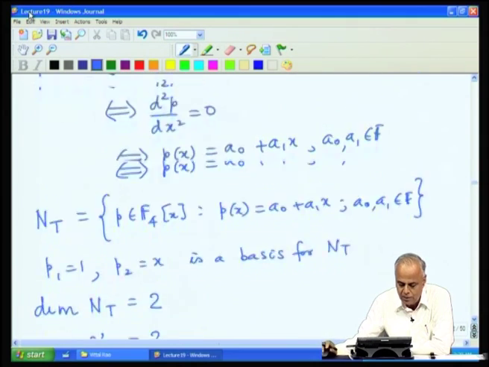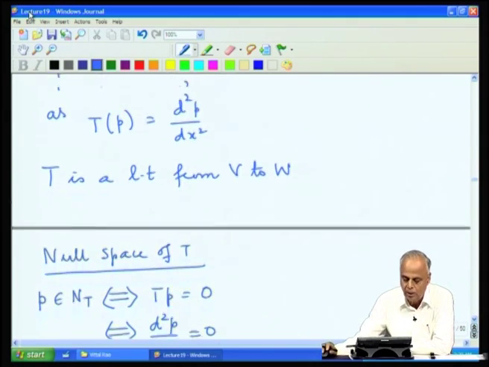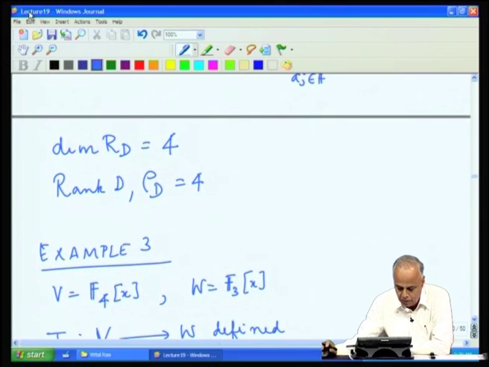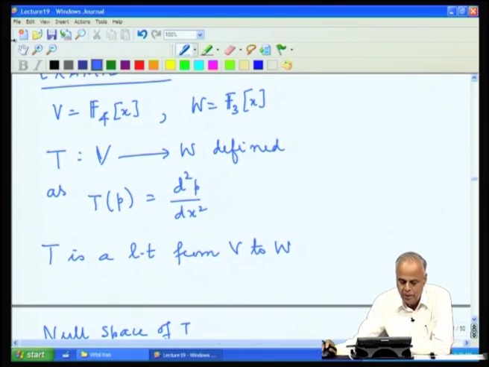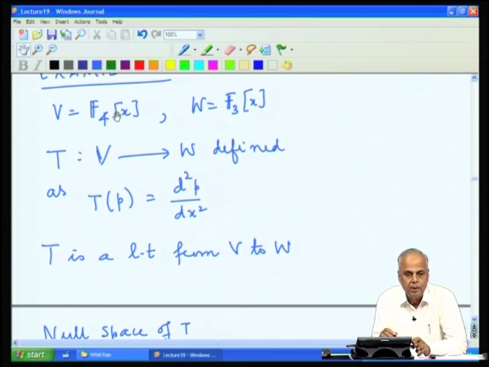In each of these examples, let us take the last example. We have that n is 5 in this case because V is F4x, and m is 3.